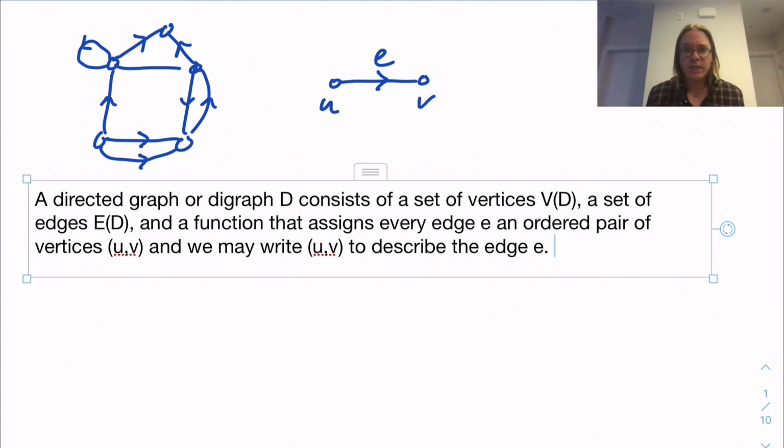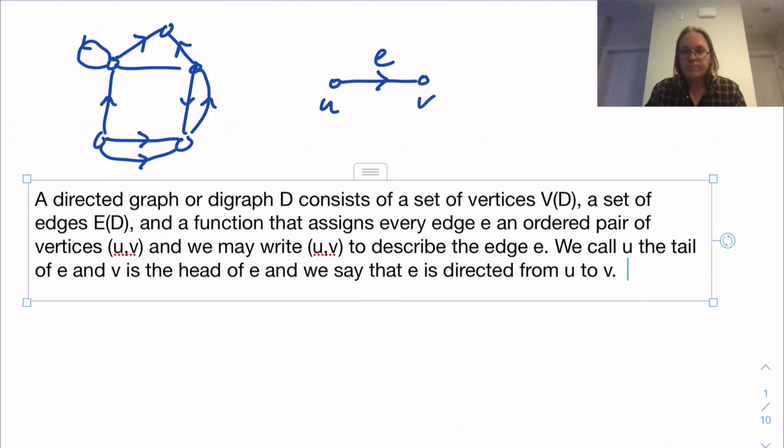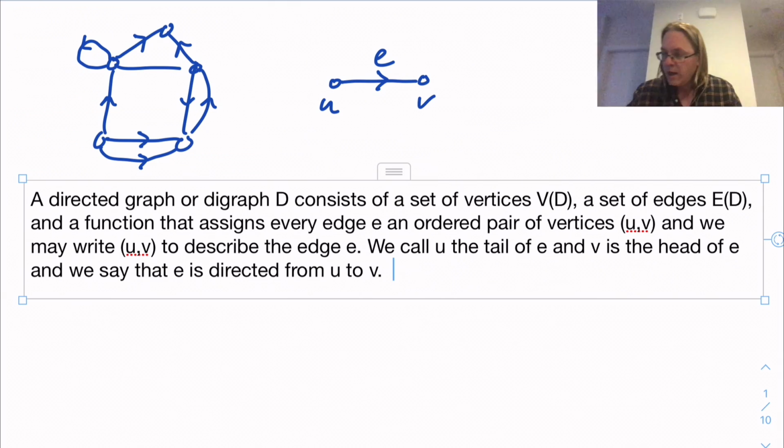E is an edge that goes from U to V, so E is going to be associated with this ordered pair, U comma V. U is called the tail of E, and V is the head of E. And we say that E is directed from U to V. So this is all really stuff that we saw before.